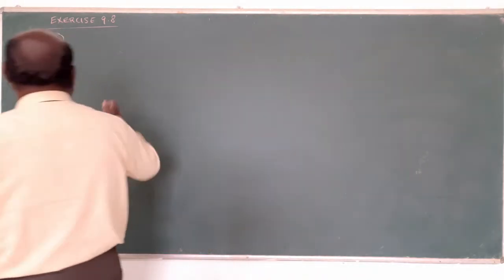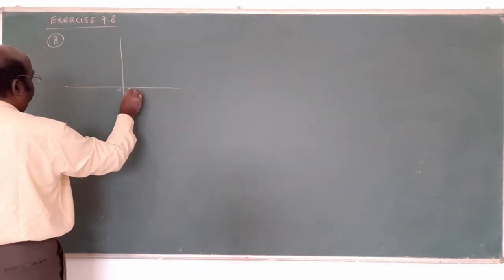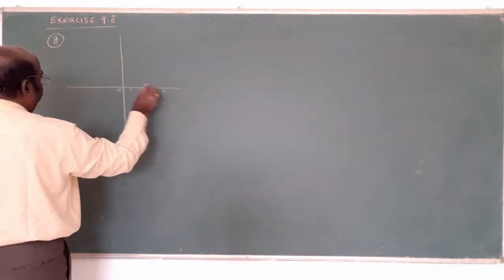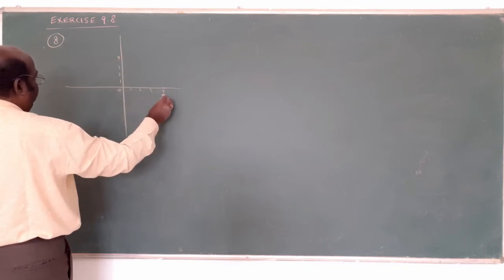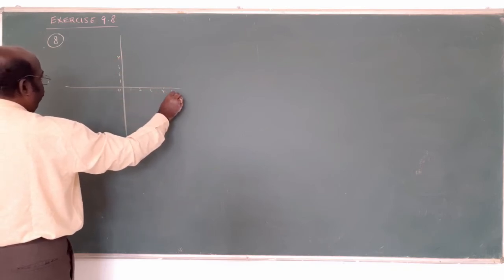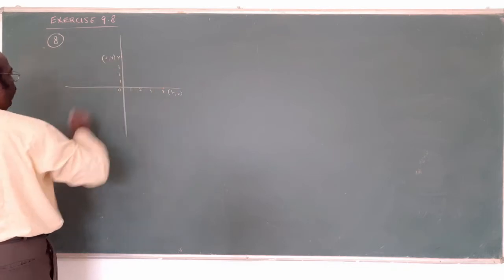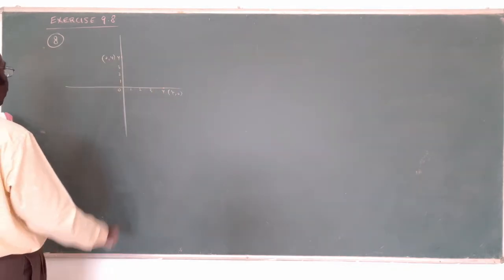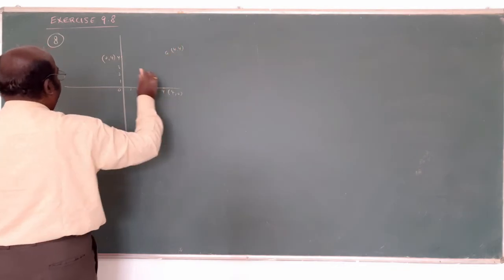Listen here, this is a graph: 0, 1, 2, 3, 4 on each axis. This is x equal to 4, with 4, 0 as one point. The y equal to 4 gives 0, 4 as one point. Part of it, 4, 4 will come. This is the square field.